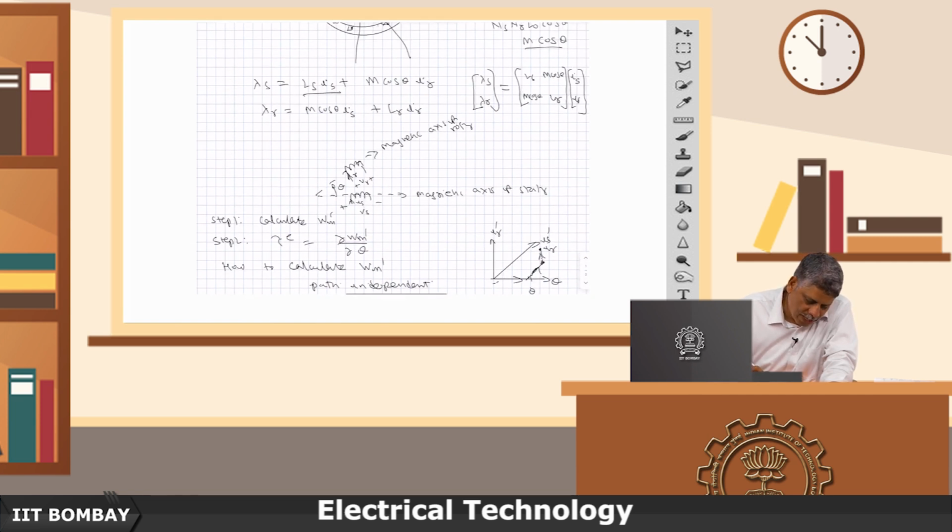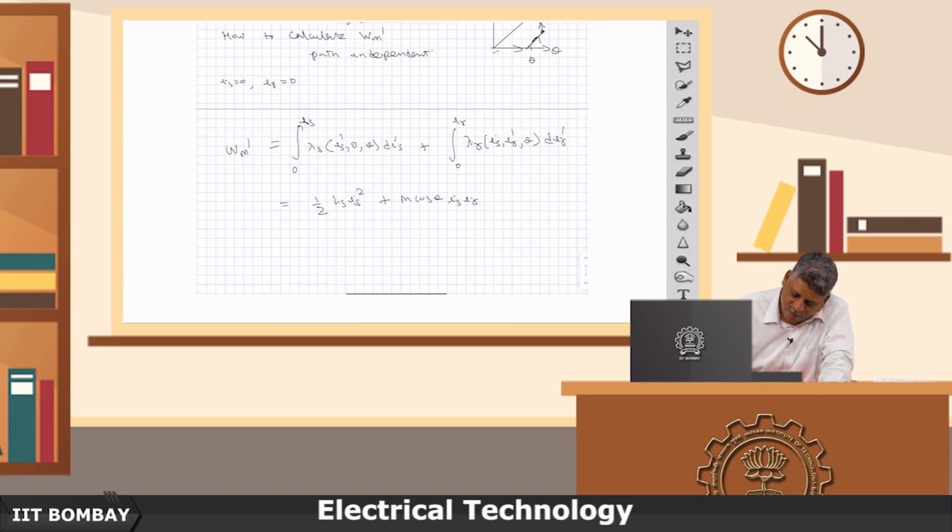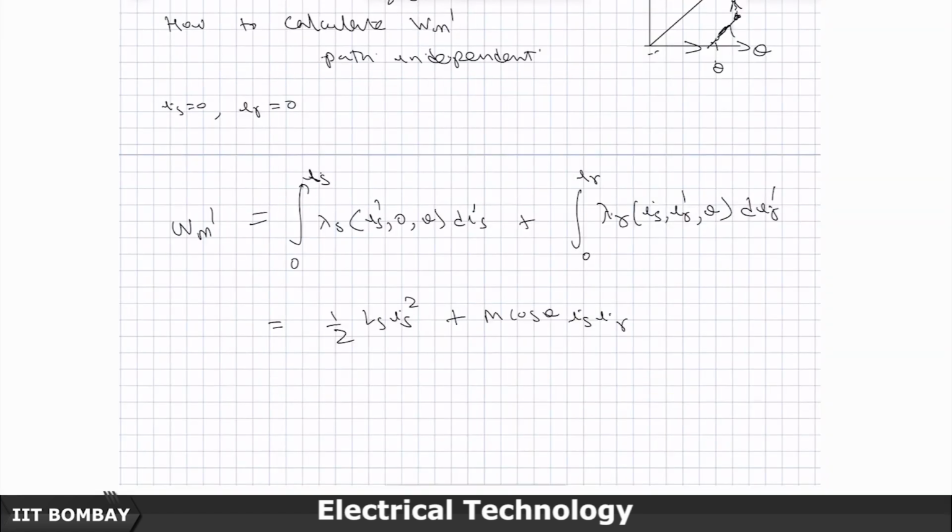And there is a dIR dash sitting here, and I am integrating, LR being a constant. So, this will become half of LR IR dash square, integrating from 0 to IR. Therefore, the third term which will come will be half of LR IR square.